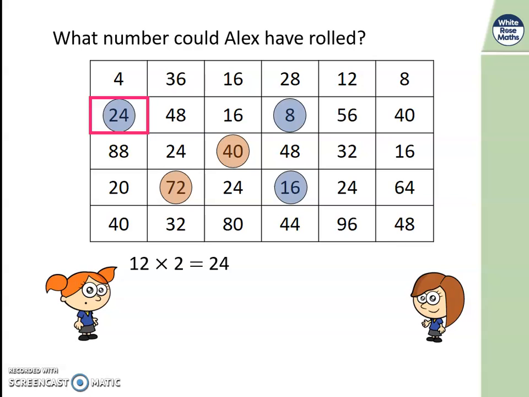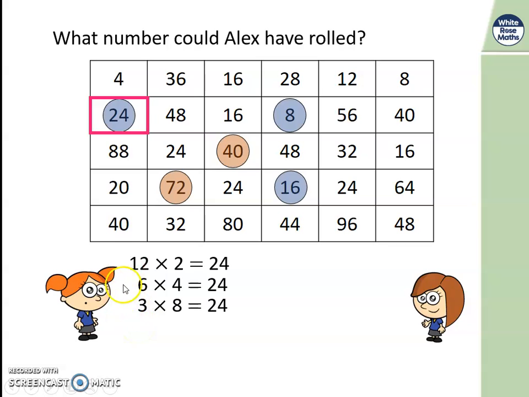So we can say 12 times 2 is 24. So something times 4 equals 24. What can we work out there? Easy, that's 6 times 4 equals 24. And finally, something times 8 equals 24. We could say 3 times 8 equals 24.